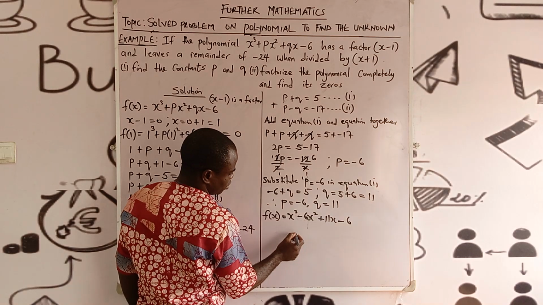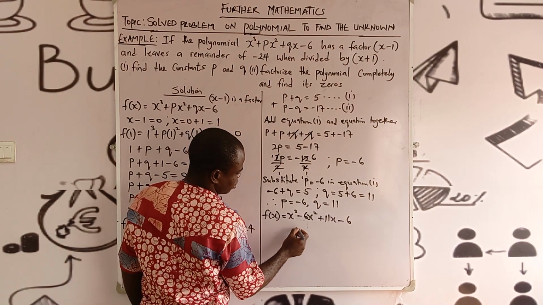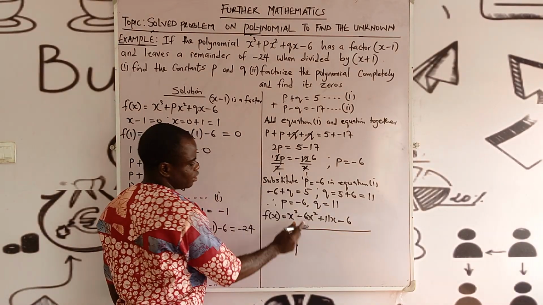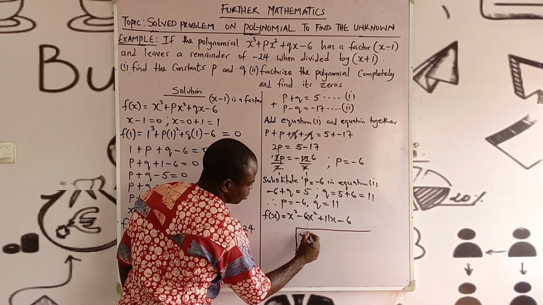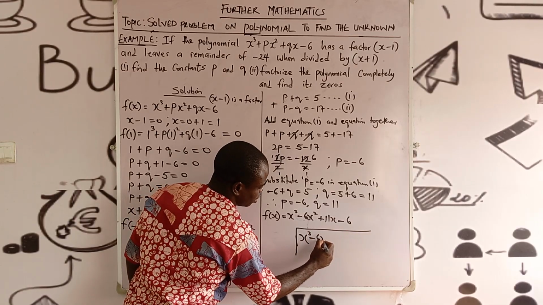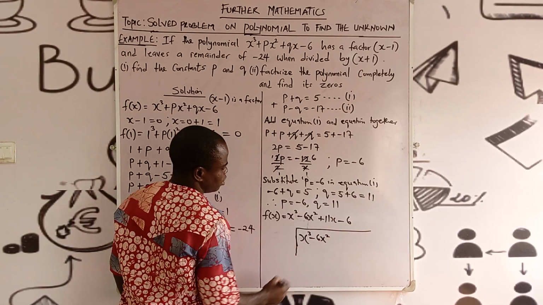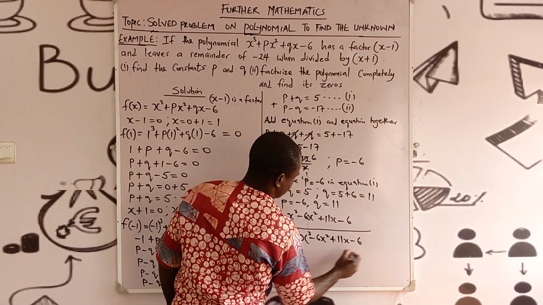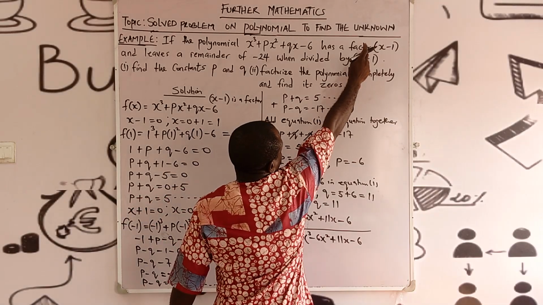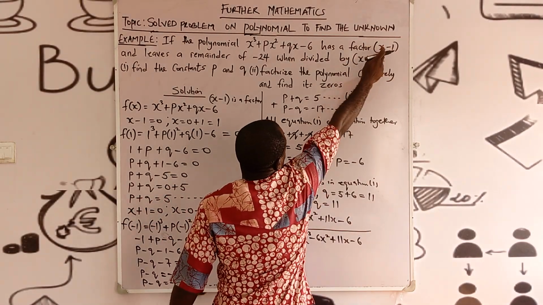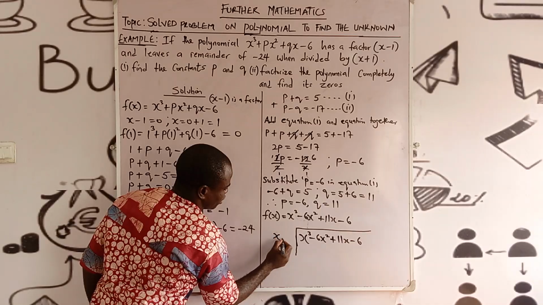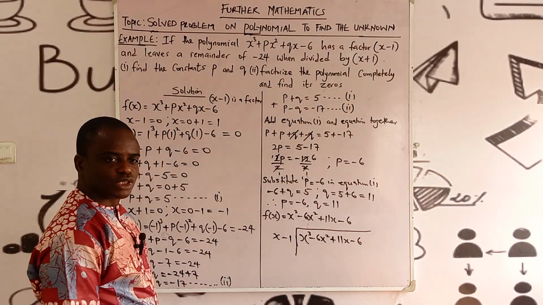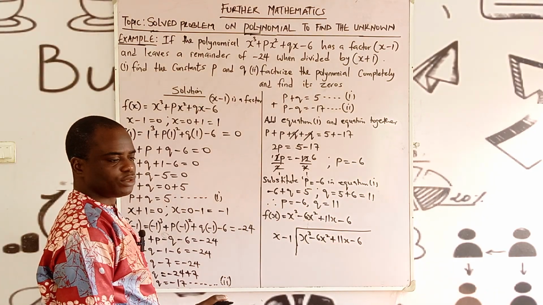What we need to do now is put the dividend. This is the dividend, what you are dividing: x cubed minus 6x squared plus 11x minus 6, divided by x minus 1. Since it's a factor, we must get the remainder to be 0.